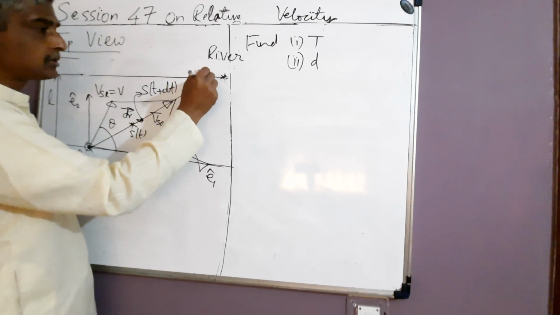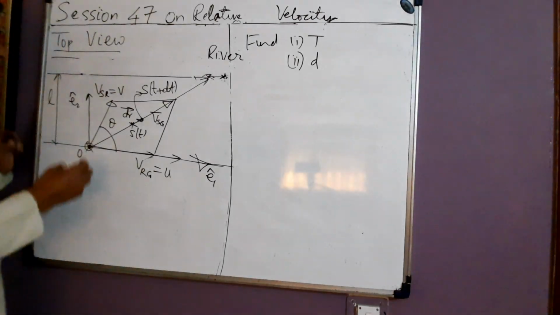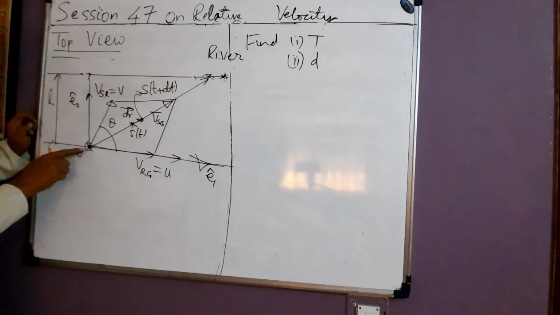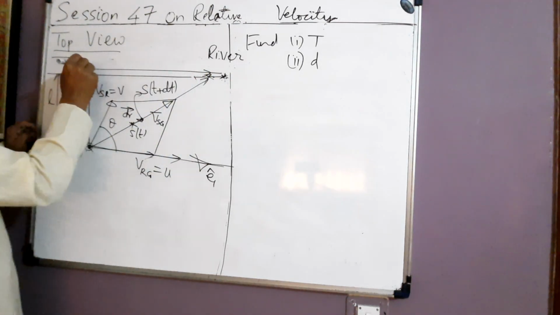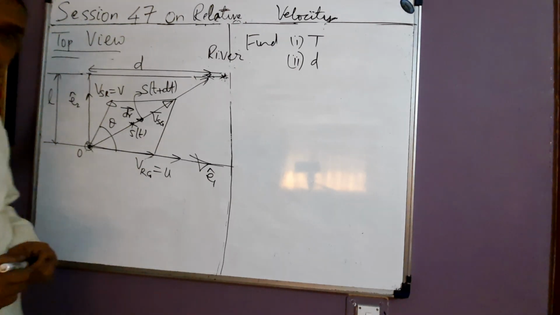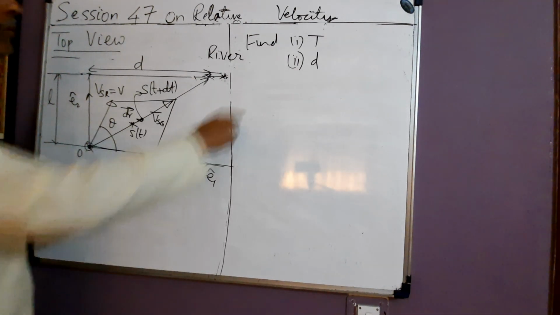And the swimmer finally comes here at time capital T, just opposite to the starting point of the swimmer. This distance is equal to d, the drift of the swimmer while crossing the river. Okay. Now what we have to do, we have to find T and D.